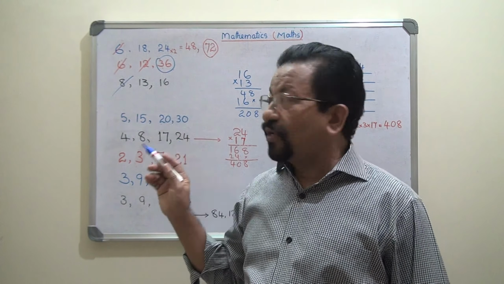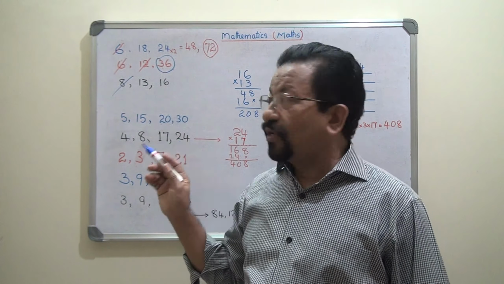The last example I am telling you: 3, 9, 21 and 42. 42 is the largest number. 3 is a factor of 42. Yes. 21 is a factor of 42. Yes. But 9 is not a factor of 42, and 9 is not a prime number. It's a composite number. So don't multiply 9 and 42. Take the next multiple.